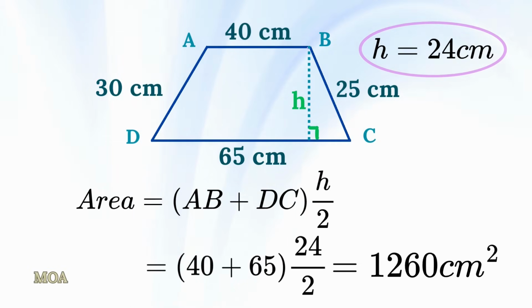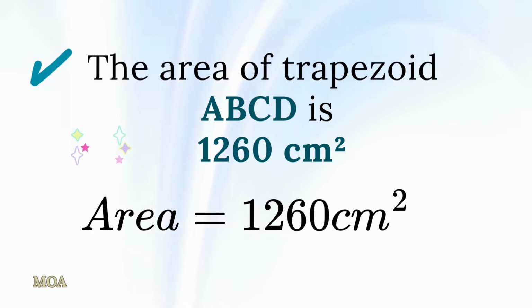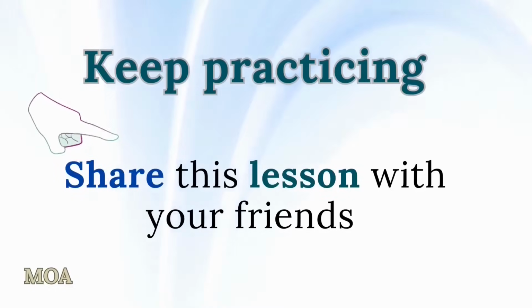Substituting these values into the formula, we get (40 plus 65) times 24 divided by 2. This simplifies to 105 times 12, which equals 1,260. In conclusion, the area of trapezoid ABCD is 1,260 square centimeters.